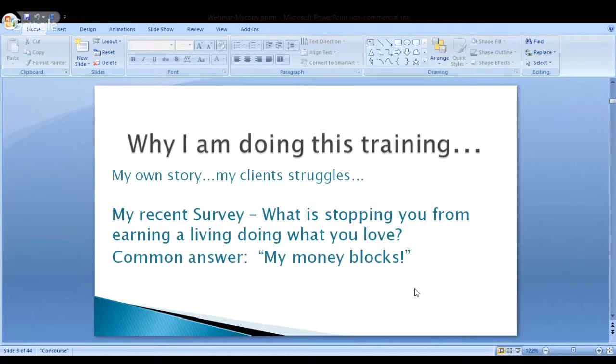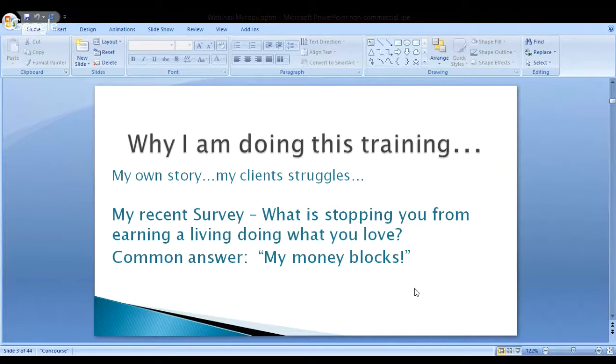However, even though I was very good at my legal job, it was a job. And when I became a practitioner, when I was self-employed, I had a lot of money blocks and money issues. When I really dug in to find out what they were, I found that there were many auric attachments, many different forms of blockages held up in my chakras.